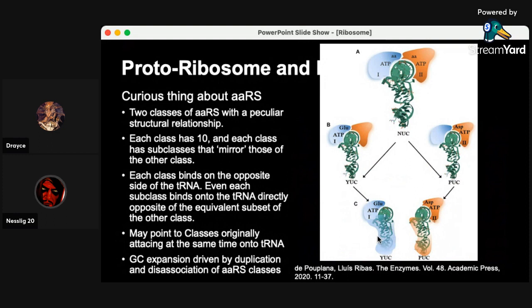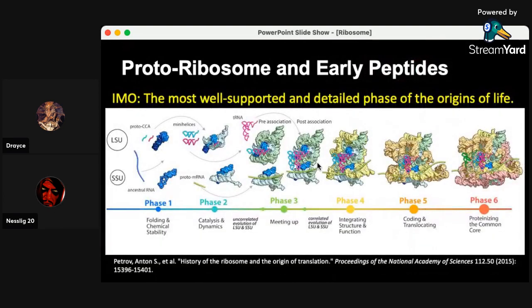It seems to indicate that they used to bind to the tRNA at the same time, and then later on, when the genetic code expanded, they acted independently, which is a very interesting mechanism for how the genetic code was expanded. And in my opinion, this is the most well-supported and detailed phase of the origins of life, mainly because the ribosome contains a record of its own origins.